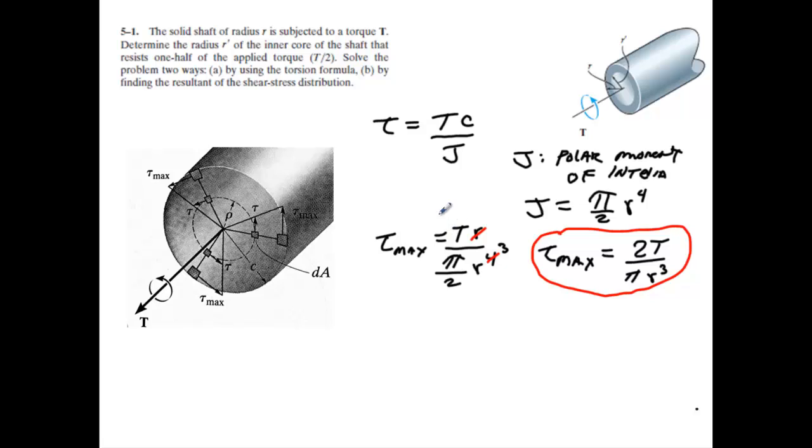So we're going to use almost the same equation, except we're not looking for T max right now. I'm going to use this equation right here, T times C over J. Now we know T here is T over 2. The C value is going to be R prime. We're treating this middle as a solid inner core, and then we divide by the polar inertia, using R prime as the radius.